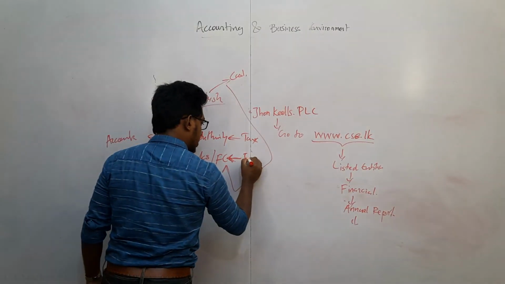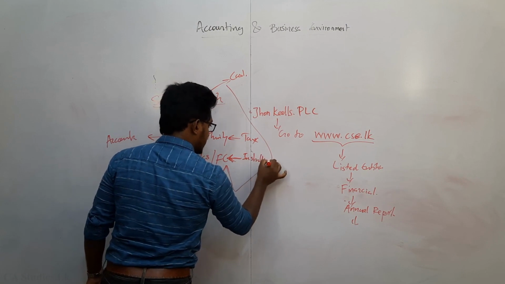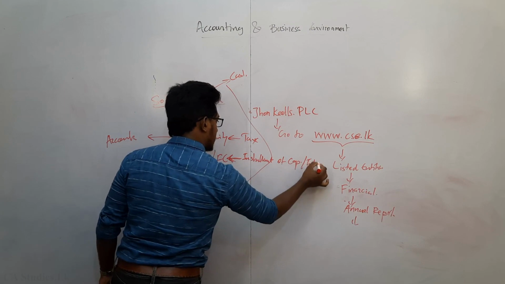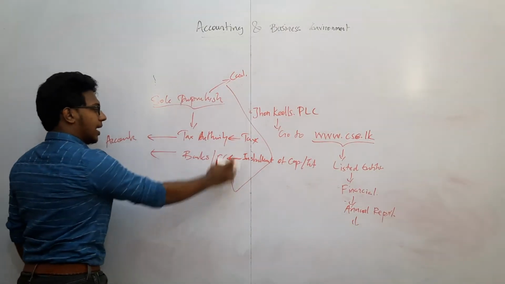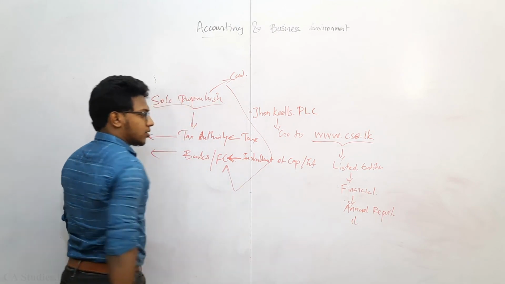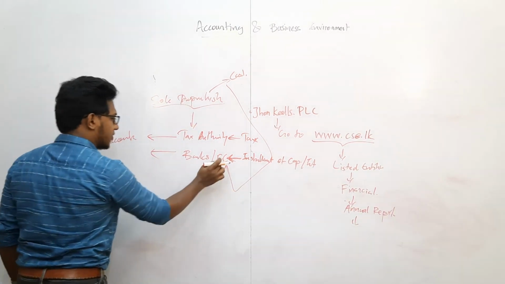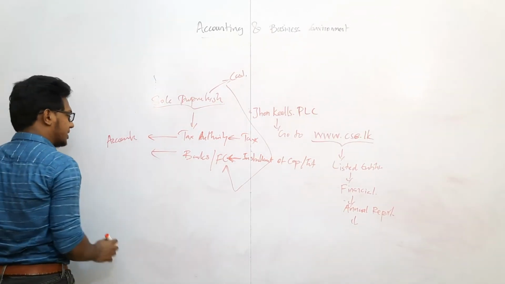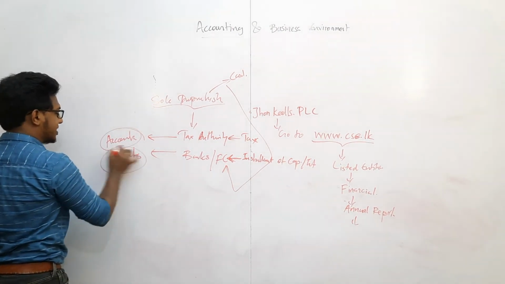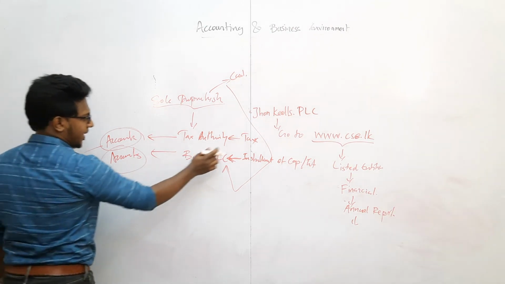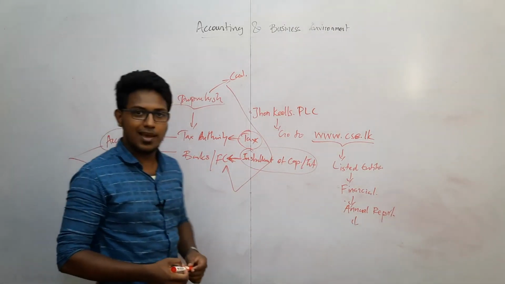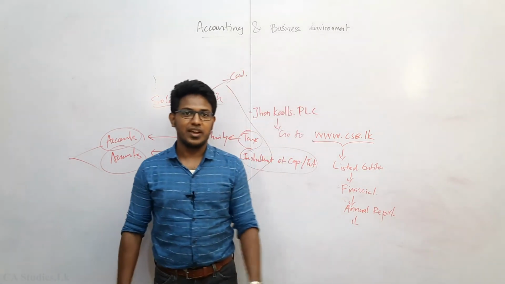So installments of capital and interest of the loan are collected by the banks and finance companies, just as tax is collected by the tax authority. So they also want to check their accounts. So for these two purposes, tax and loans only, sole proprietorships prepare financial statements.